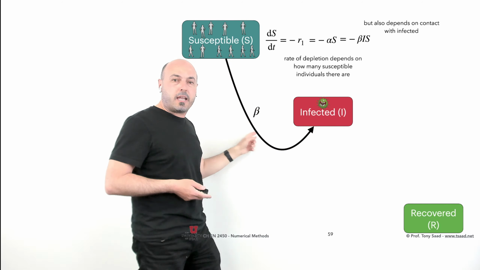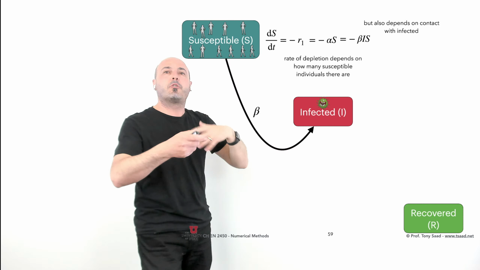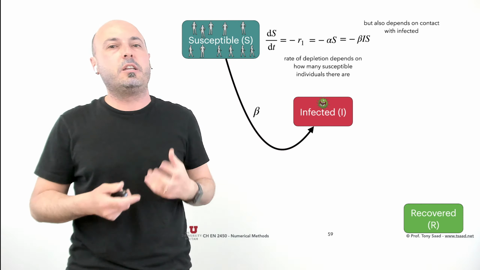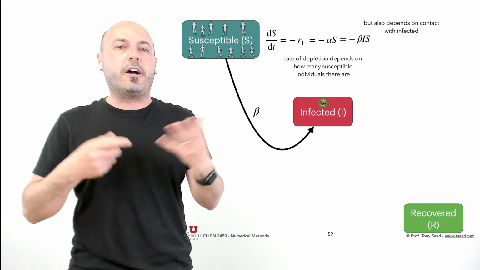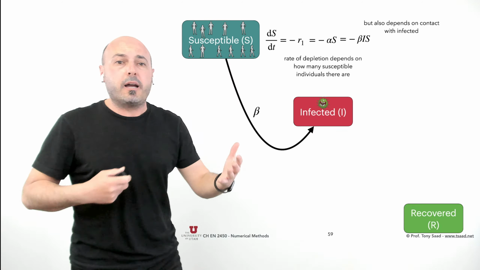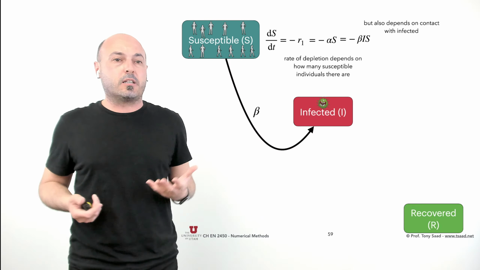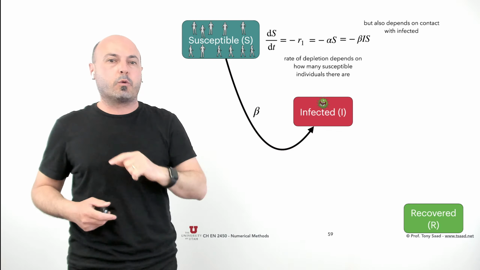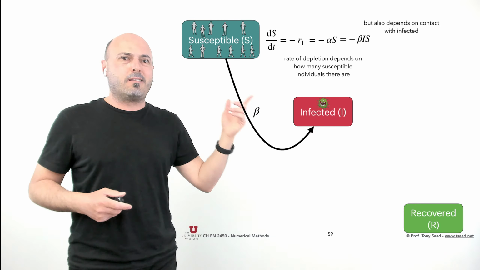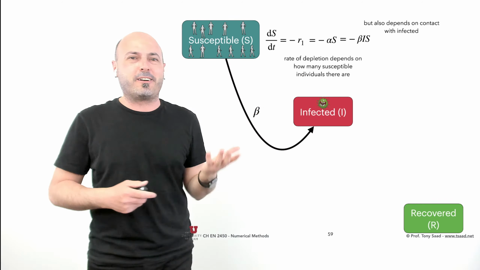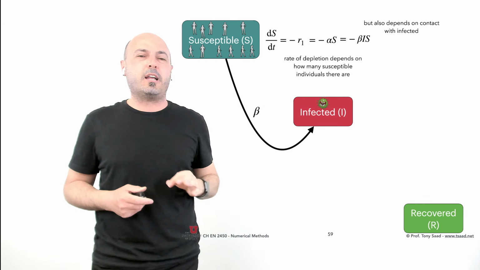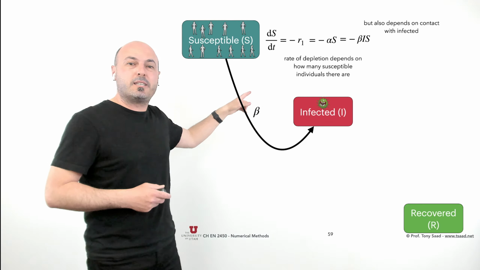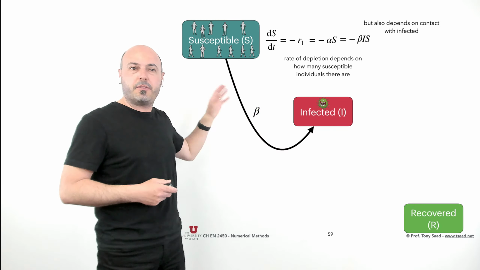Now, they are scaled by a coefficient beta. That's the rate of infection. So that essentially measures how fast a virus spreads. So I might interact with an infected person, or 1 million people might interact with one infected person, but not all of them are going to get infected. Only a very small fraction of those are going to, and that's going to be scaled by beta, okay, by this parameter.